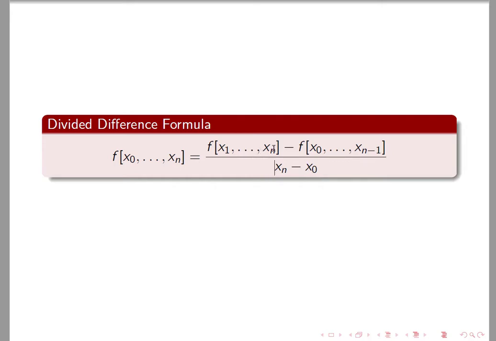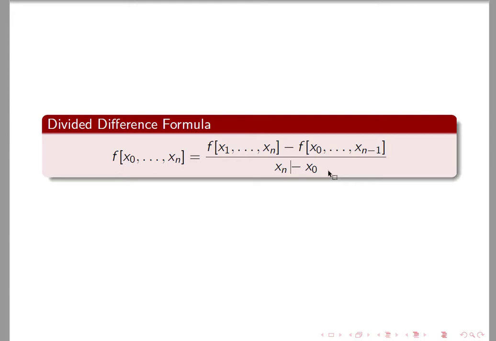You can try to remember this a couple of different ways: that this number is the same number as this one, and this number is the same number as this one. Or you can think, okay, we lose the x0 off the front, it flies off and winds up here. We lose the xn off the end here, it flies off to the other side. That's one way to remember it.